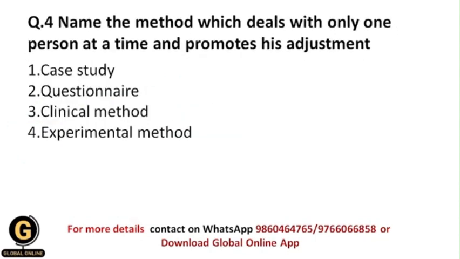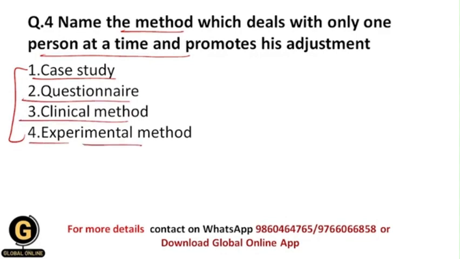Next is: name the method which deals with only one person at a time and promotes his adjustment. So from these methods, which deals with only one person at a single time, and also promotes his adjustment: case study, questionnaire, clinical method or experimental method.